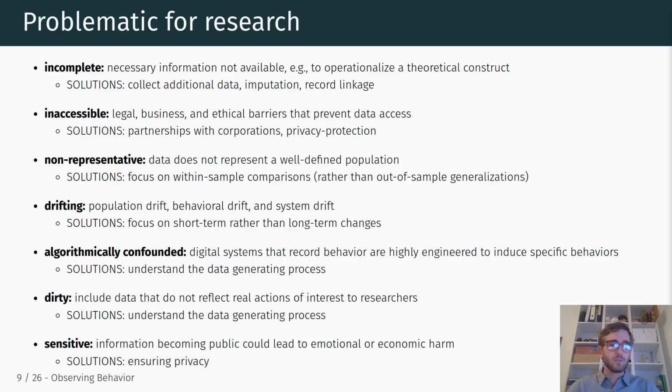Lastly, and this is a really important point that we'll come back to when we talk about ethics, these data are often very sensitive. So information like search terms or preferences on Netflix is one example that was discussed in the chapters. These can be information that, if they become public, could lead to emotional or economic harm among users, especially when we can link specific user behavior to actual people.